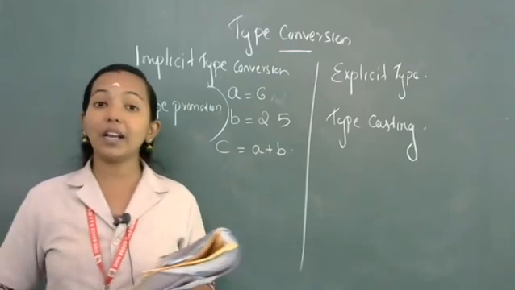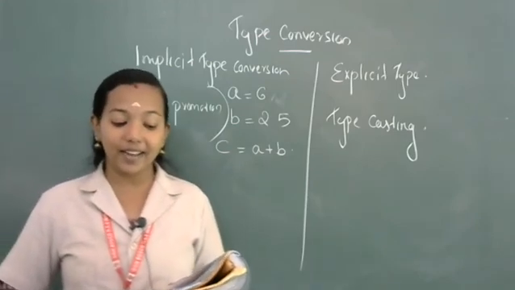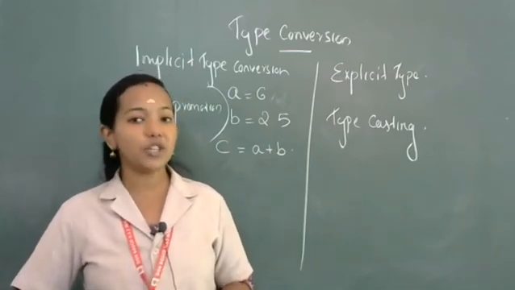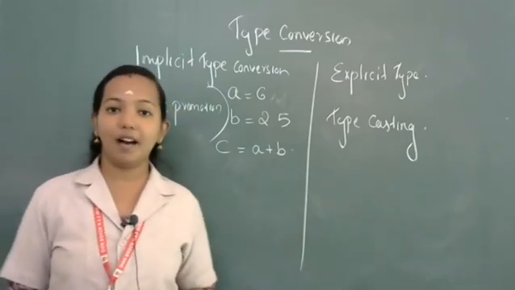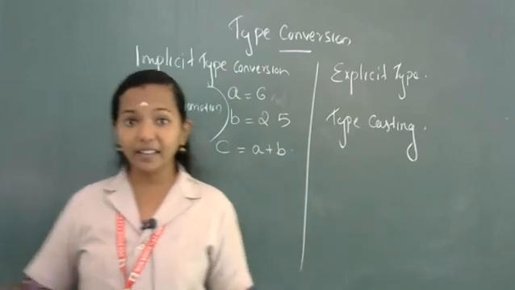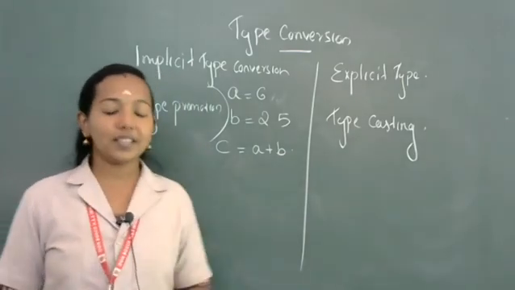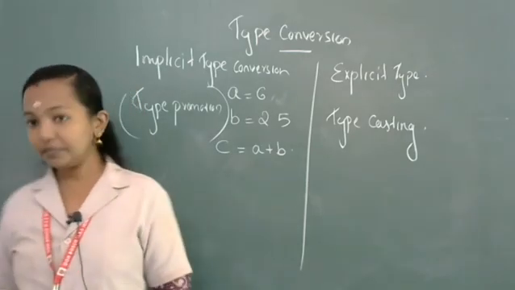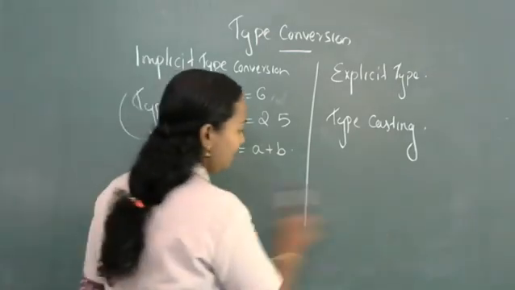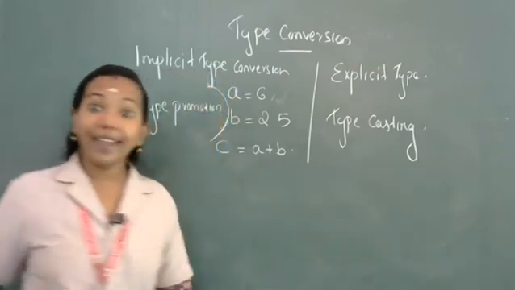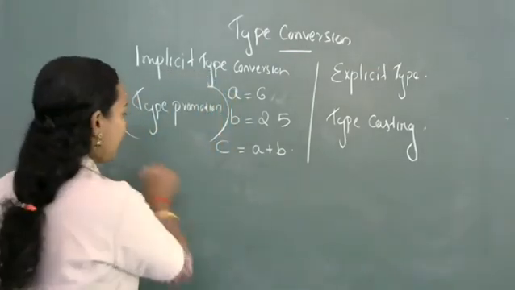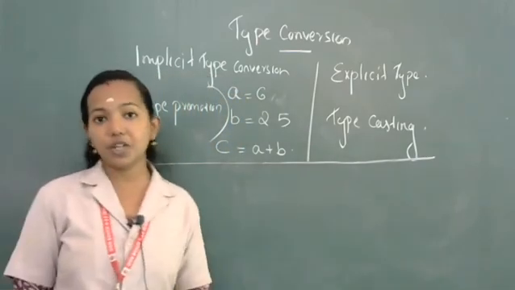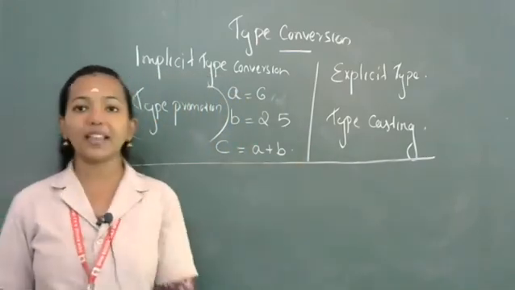Since the programmer explicitly casts the data to the desired type, this kind of conversion is known as type casting. Clear?